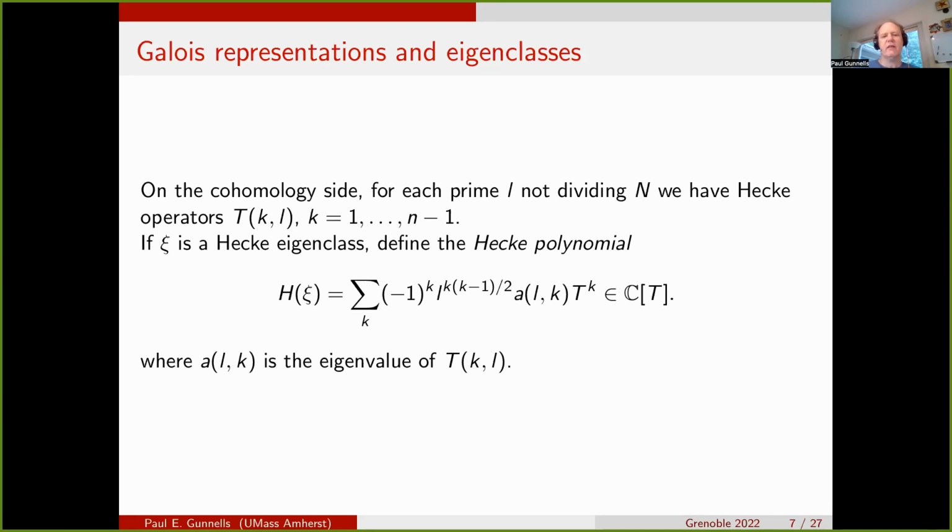For that prime L, I have that list of n-1 operators, and I can produce a polynomial attached to that prime L by this construction, using the eigenvalues of those operators. And there's no reason that I wrote A_{L,k} instead of T_{k,L}. That was just silliness. I should have written it the other way.